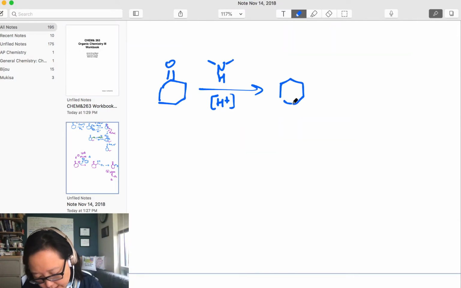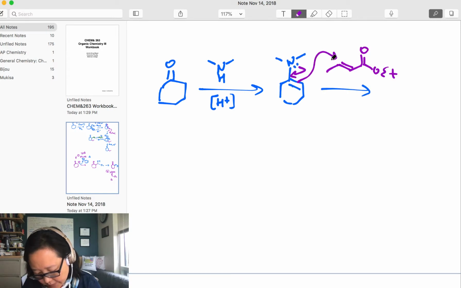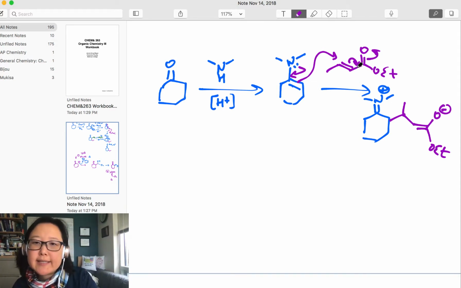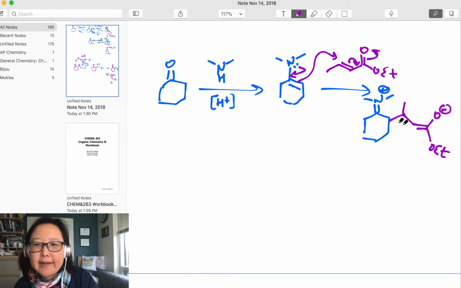Okay, so just writing it out, I would end up with this enamine that then attacks this Michael acceptor. It looks weird because of the ethoxy group here, but it would be an enolate ion here, and then this imine.